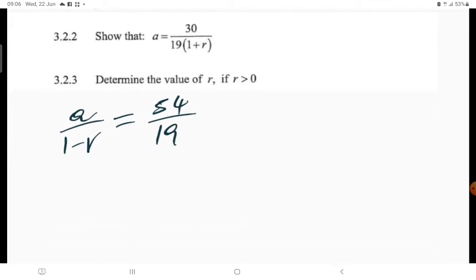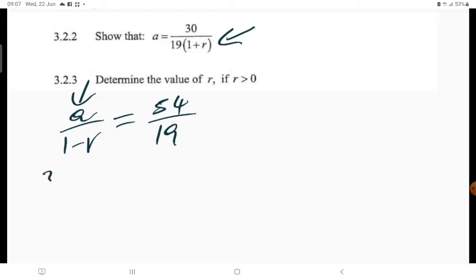So on that note, now we know that a was calculated to be this thing. So we can just substitute 30 over 19 into 1 plus r in the place of a.